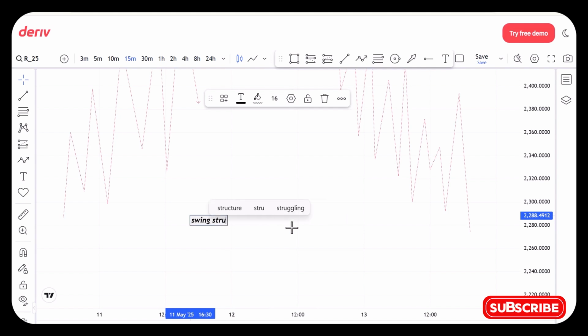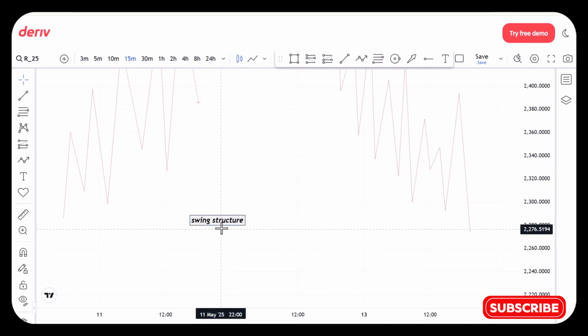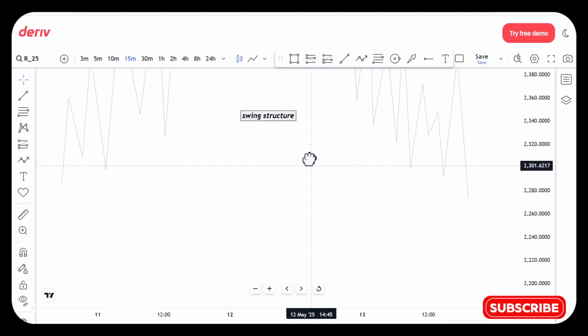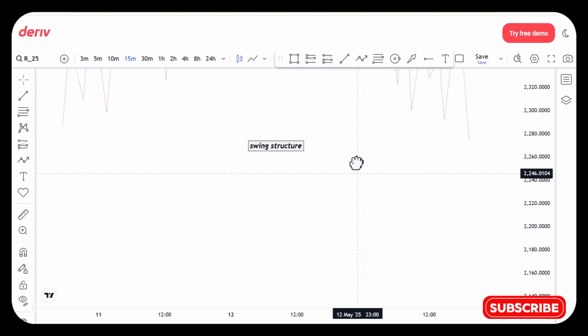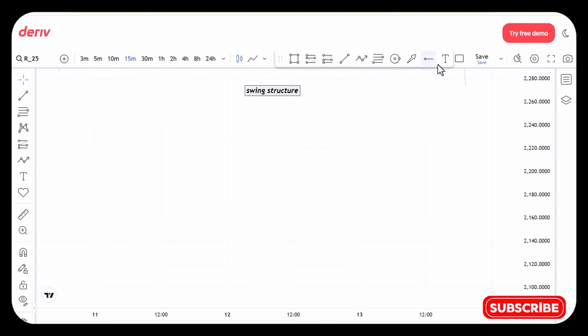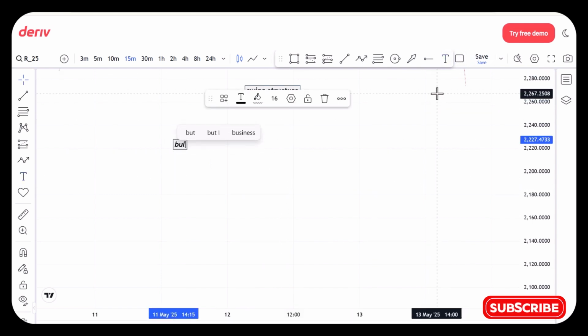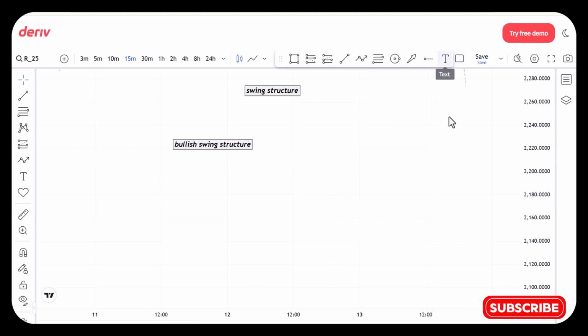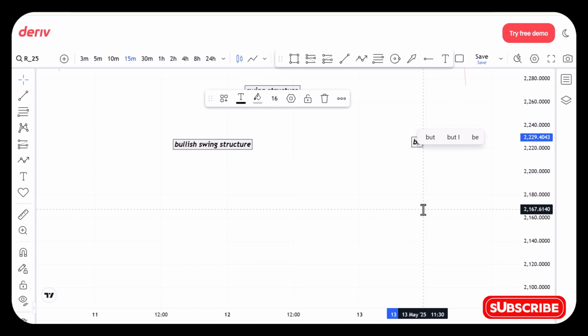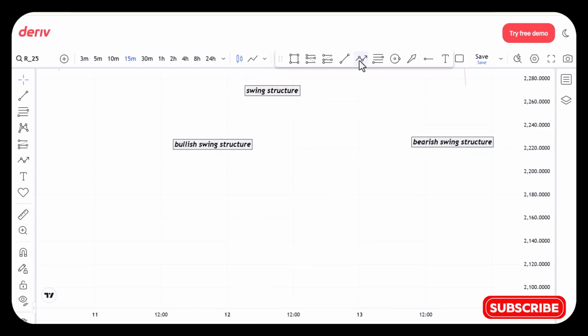Now, in a swing structure, we can have what we call a bullish swing structure, and also we'll have a bearish swing structure.